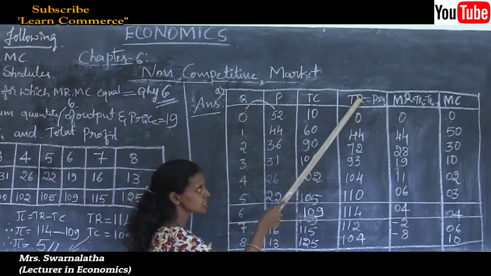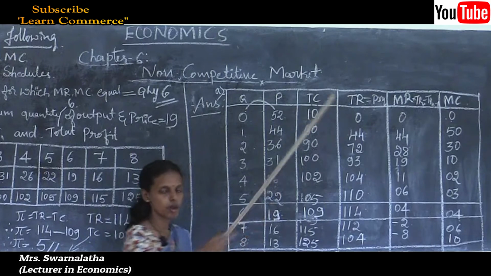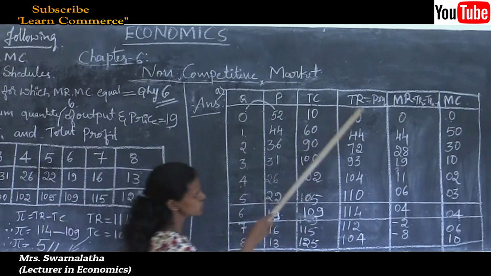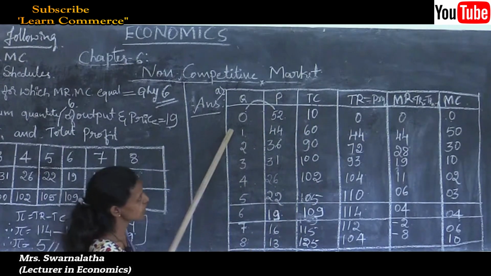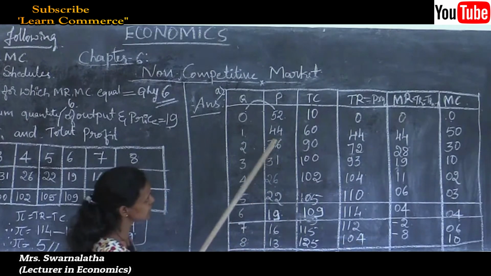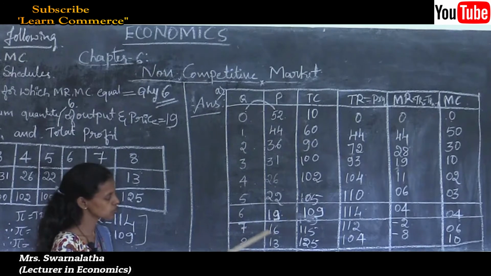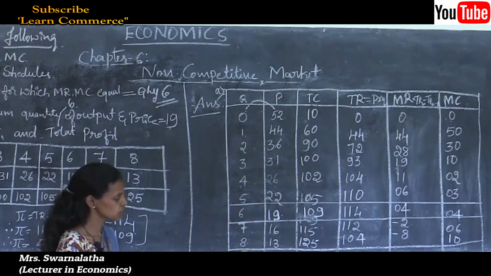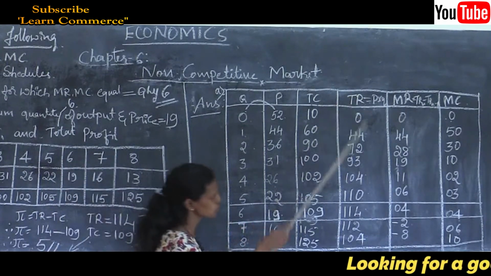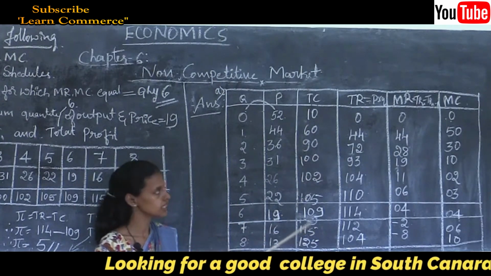Next you see total revenue. The formula to calculate total revenue is price into quantity. Multiply each row's price by its quantity, and you get the total revenue of the firm under monopoly.